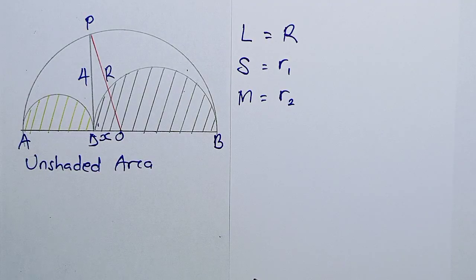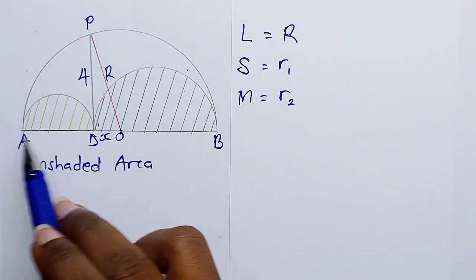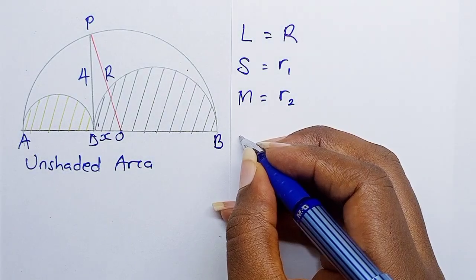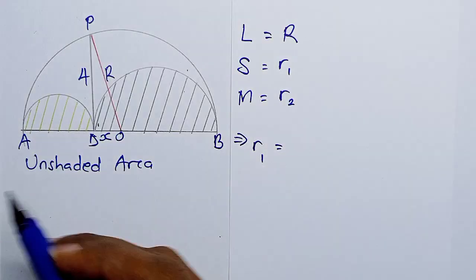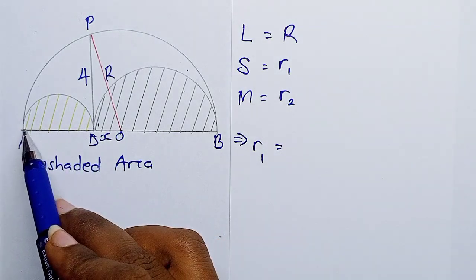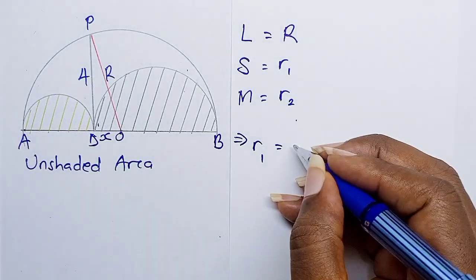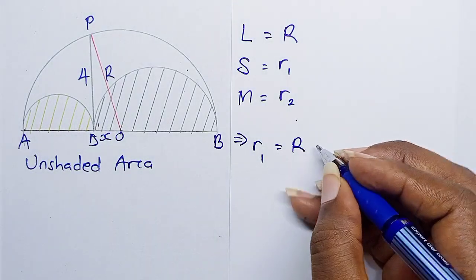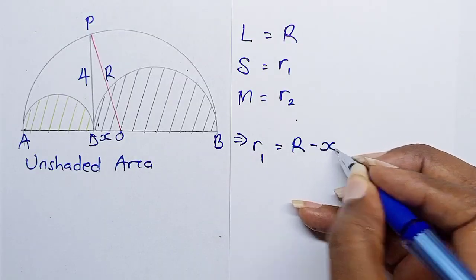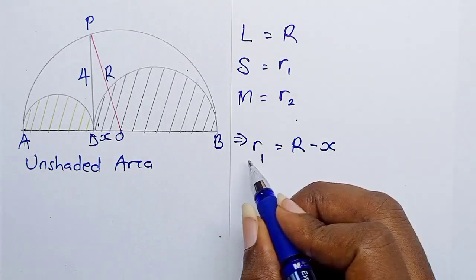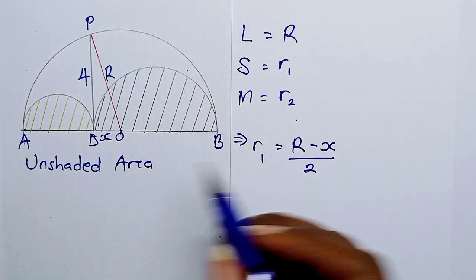So therefore, R1, which is the radius of this small semicircle, will be equal to, since from here to O is the radius of the big semicircle, the radius of the big semicircle minus this X. Remember, this is the diameter, so if you want the radius, we shall divide by 2. So that is R1.